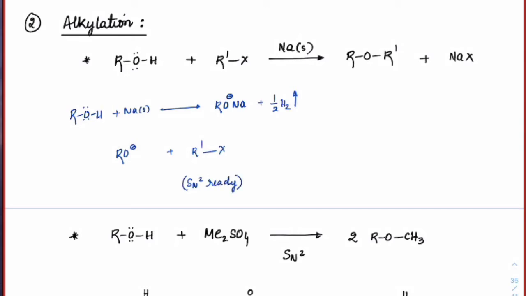It means we can have methyl, primary, secondary, allyl, benzyl, any of that form where X should be chlorine, bromine or iodine. In all of these cases, RO minus will attack R dash and X minus will leave, and the reaction will be driven by the SN2 mechanism. So the product you will get is ethers. Here we will get this as RO R dash.